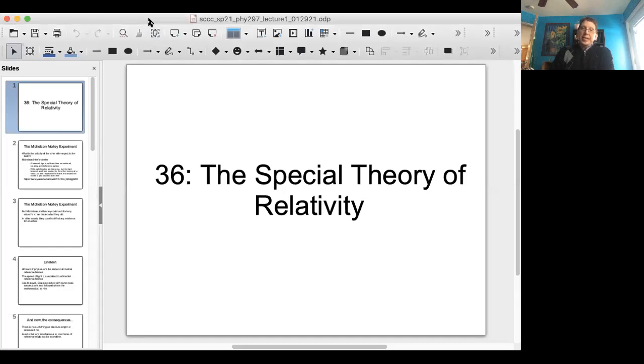So this is Einstein's special theory of relativity. It's what he is most known for, although he comes up quite a bit during this course.